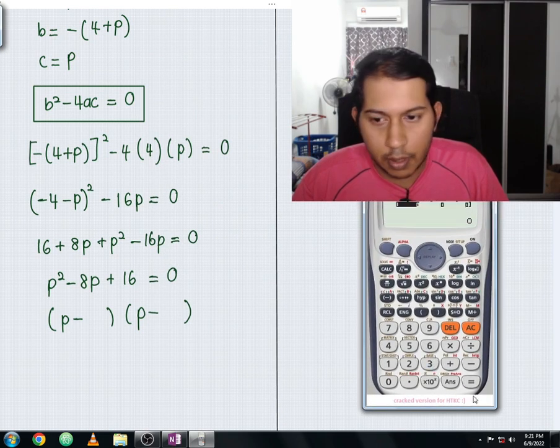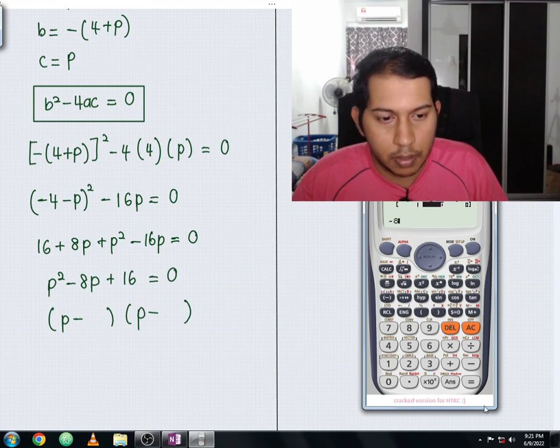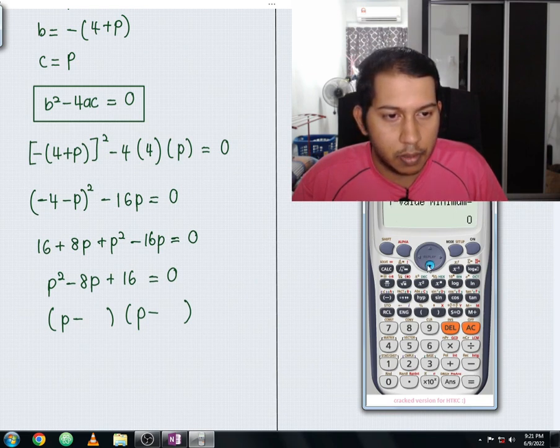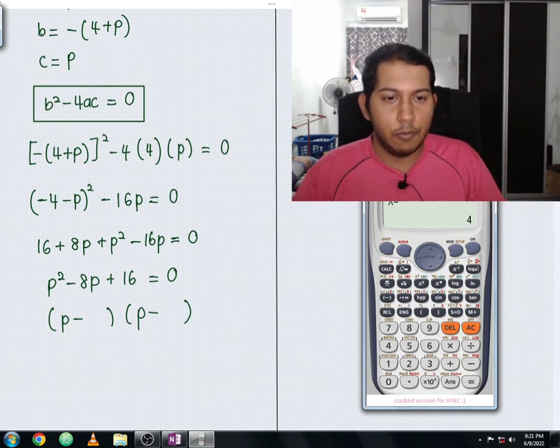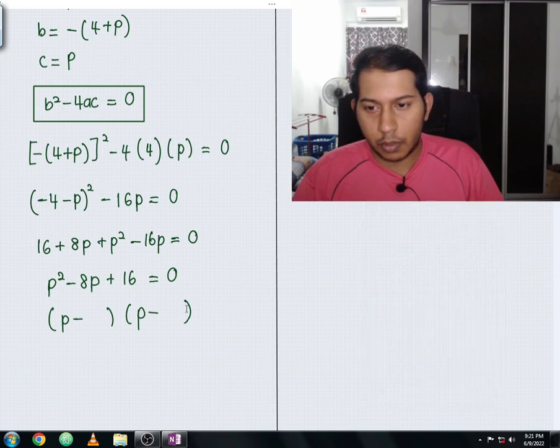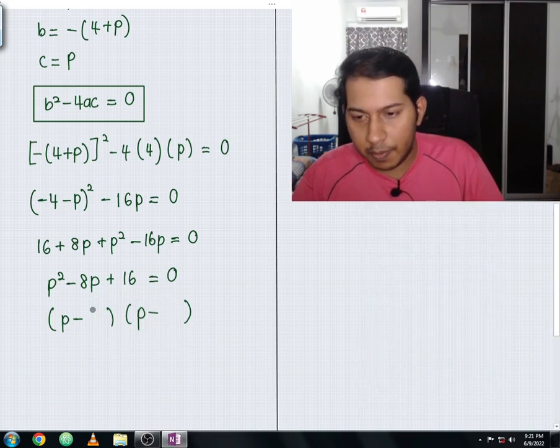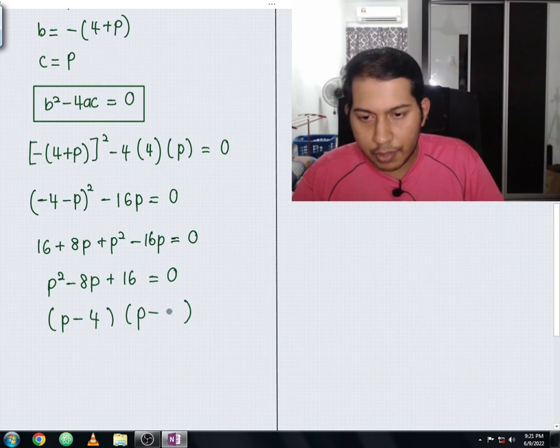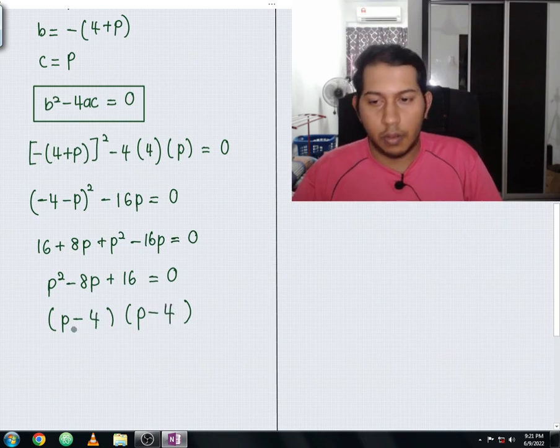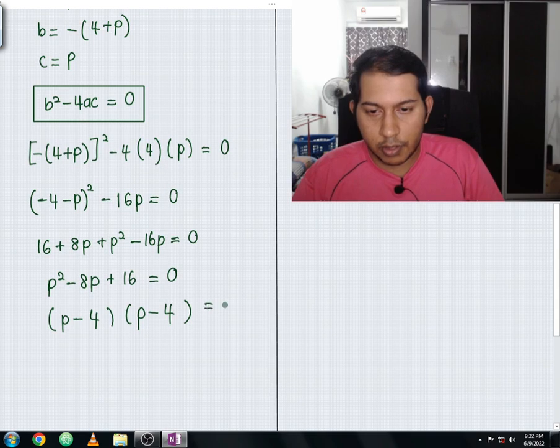Our coefficient a is 1, coefficient b is negative 8, coefficient c is 16. From here you only get one value, which is x equals 4. Since you get only one value, it will be p minus 4 times p minus 4, which equals 0.